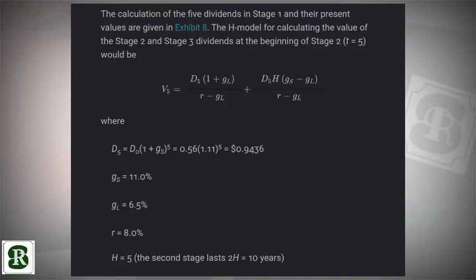So it will be D5 times H times (GS minus GL), where GS is the short-term growth rate and GL is the long-term growth rate. Of course, we would add to this D5 times (1 plus GL), and all of this is divided by our cost of equity, R minus GL.